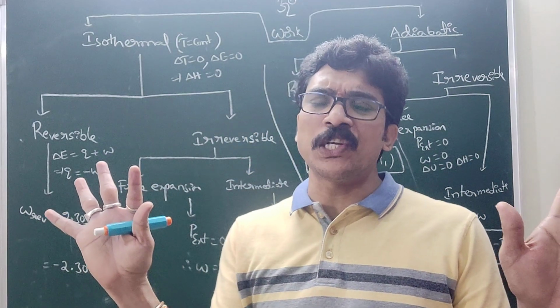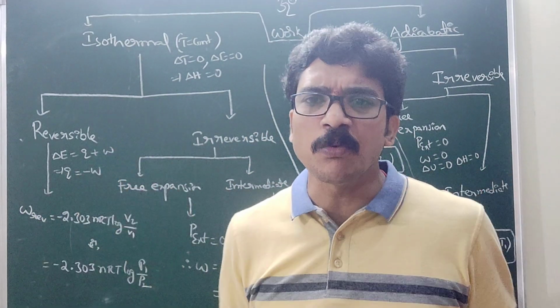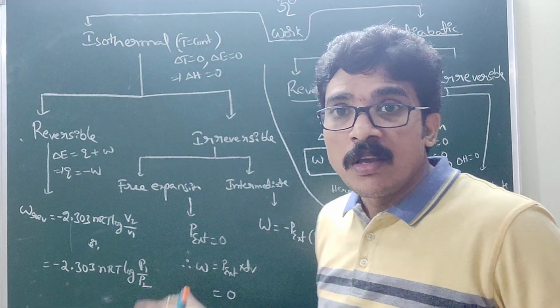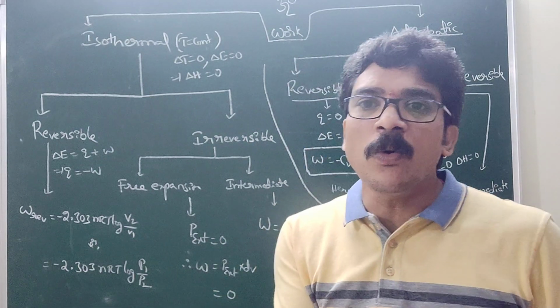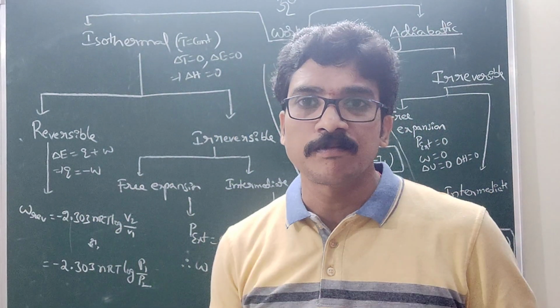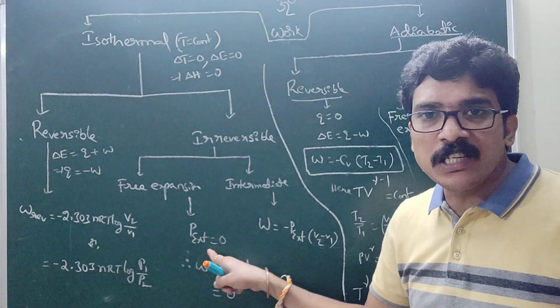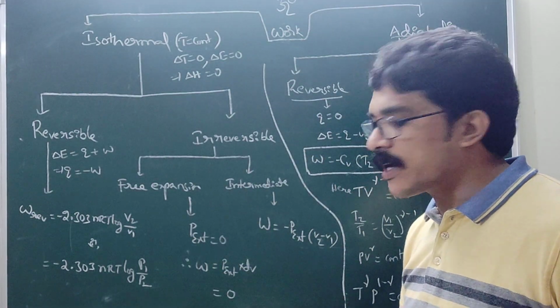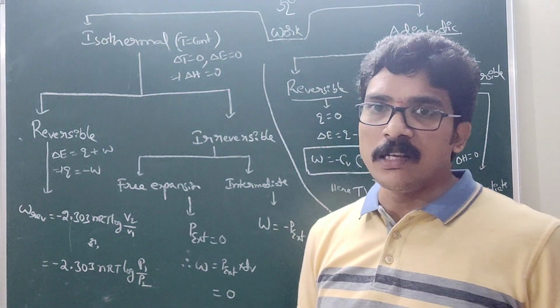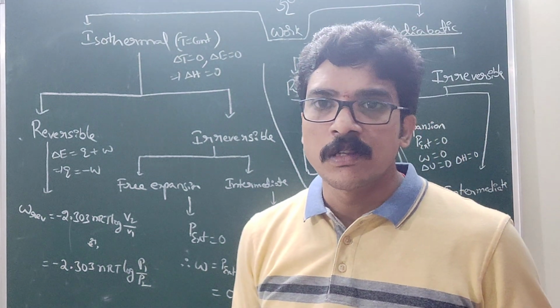No external pressure; external pressure becomes 0. If external pressure is 0, then work is equal to P external into change in volume, so work becomes 0. This is free expansion in an irreversible process.